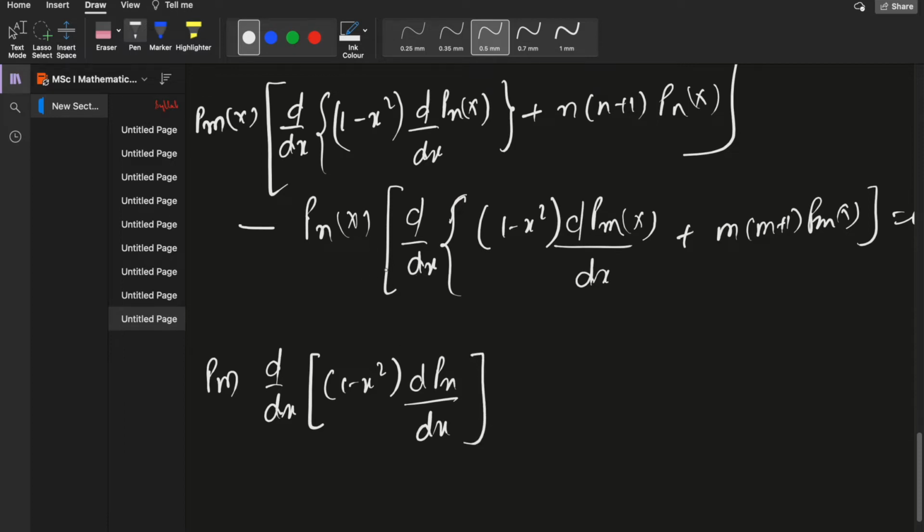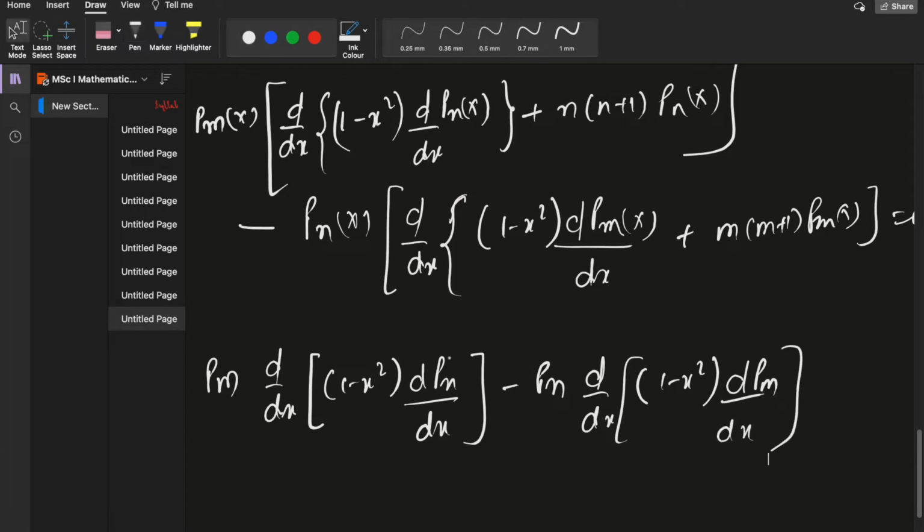This term will give me minus Pn d upon dx of (1 minus x square) dPm upon dx.